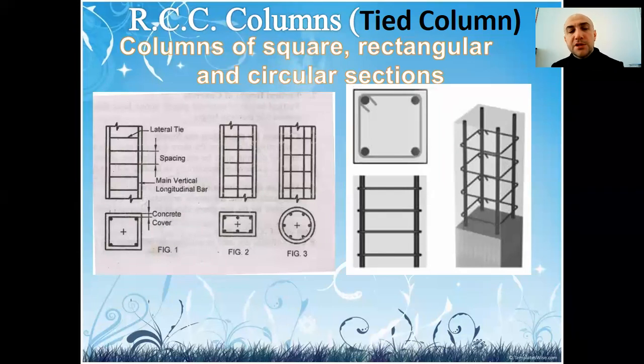Vertical reinforcement is also called main vertical bars. And the distance between lateral ties is called spacing. On the construction site, the spacing dimension is equal to 100 millimeters.